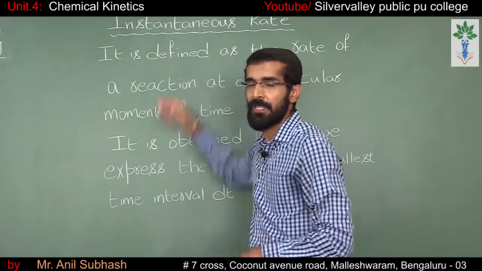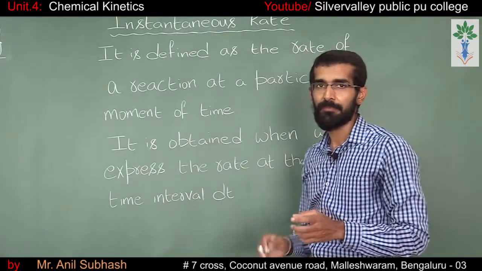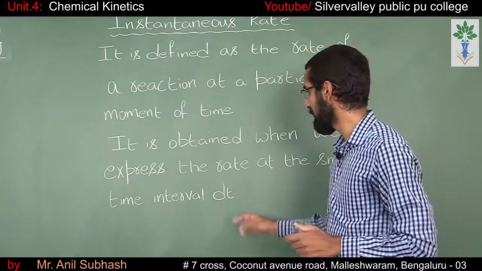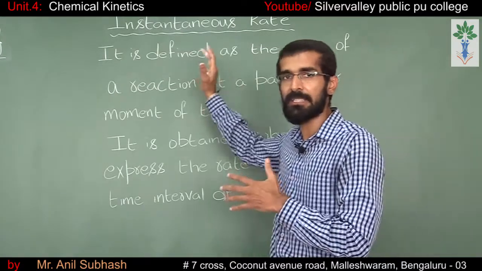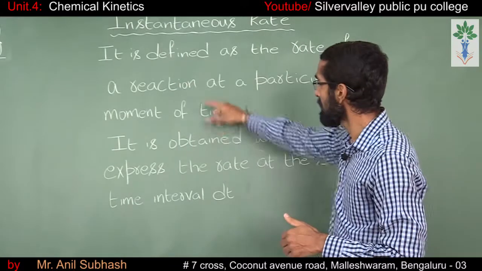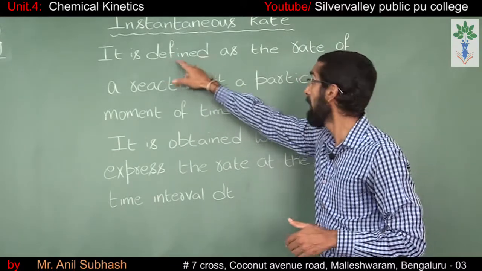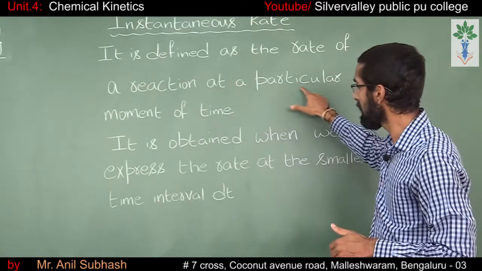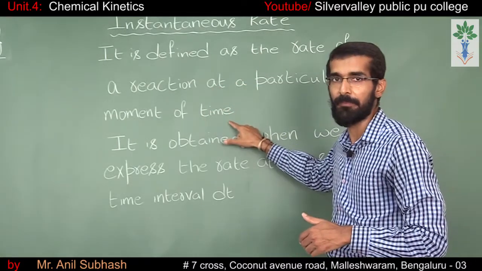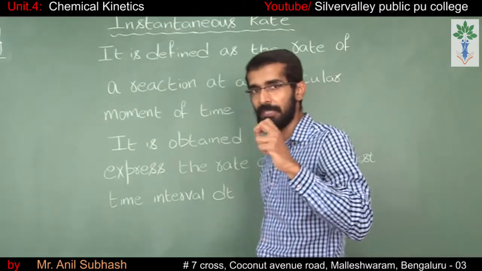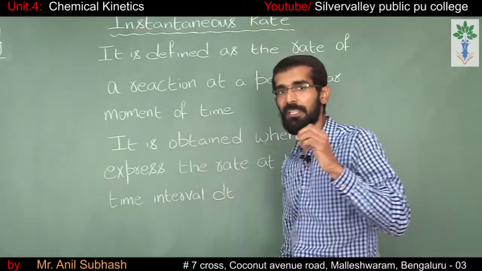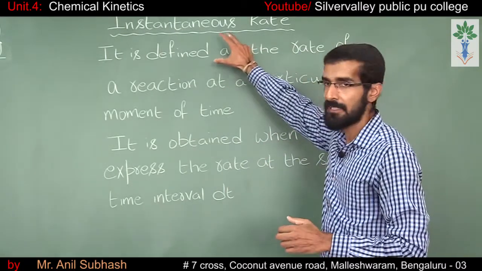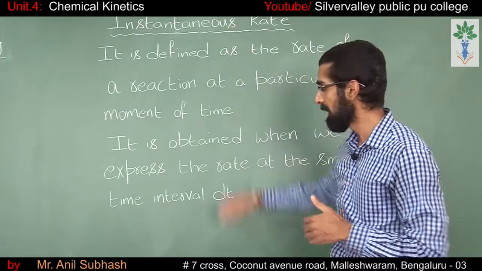Instantaneous rate. When you want to express the rate in a small time interval dt, then we consider instantaneous rate. That is, instantaneous rate is defined as the rate of a reaction at a particular moment of time. If you want to consider the rate of a reaction at that particular moment, then we consider instantaneous rate.